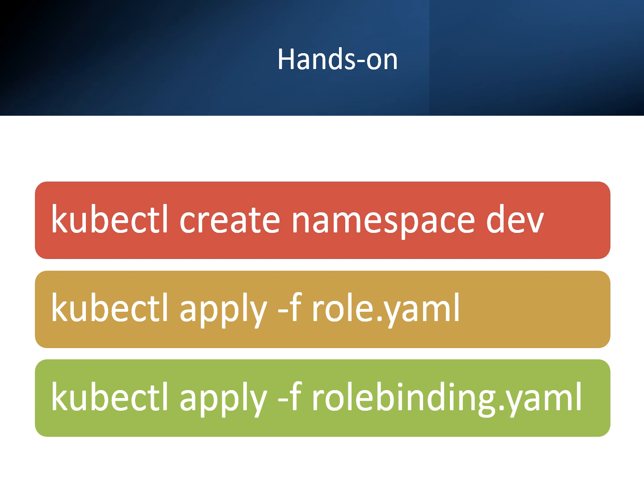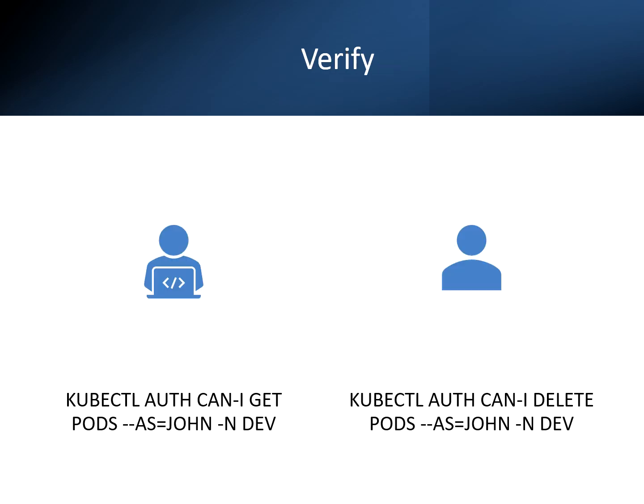Now we'll create a role binding. The role binding assigns this role to the user called John. After that we run kubectl apply for the role binding. Then we run the check command, and if the output is yes, then John can delete the pods.